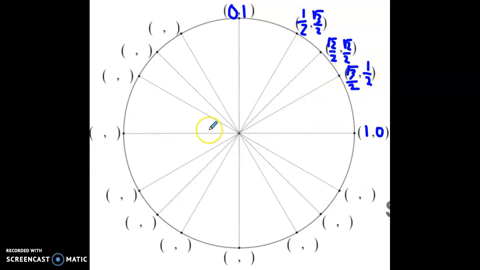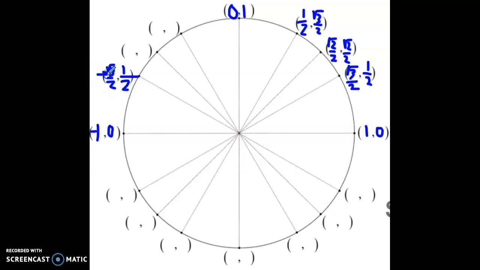Now you just have to think, okay, instead of 1, 0, this one is going to be -1, 0. Instead of a positive square root of 3 over 2 and 1/2, it's going to be negative square root of 3 over 2, positive 1/2. So write these in.